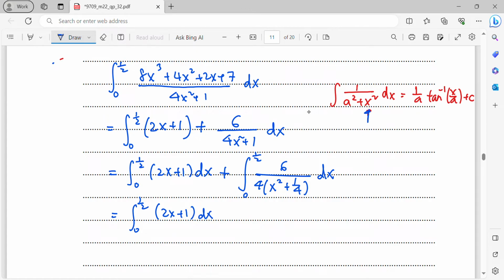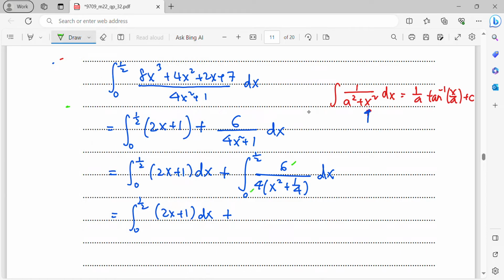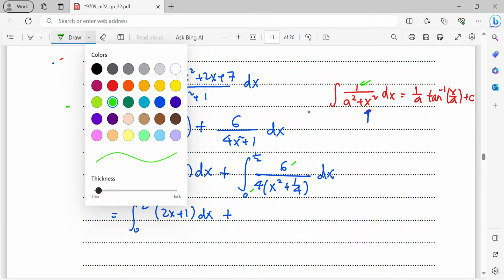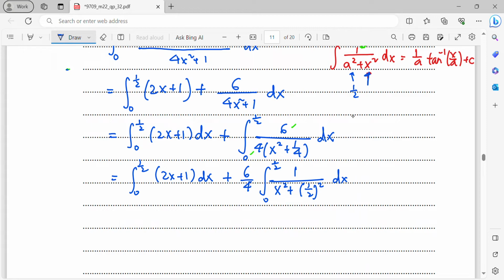Then I will write, okay, now for your information, this 6 and 4 can be taken out because I want to get 1 in the numerator. So I will write 6 over 4, integrate 1 over x squared plus a squared. So I will write x squared plus, the 1 over 4 is square of half. So it means that now my a is basically half. Okay, then now I can easily use this formula to get the solution.